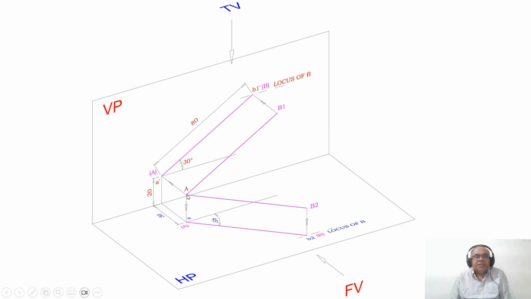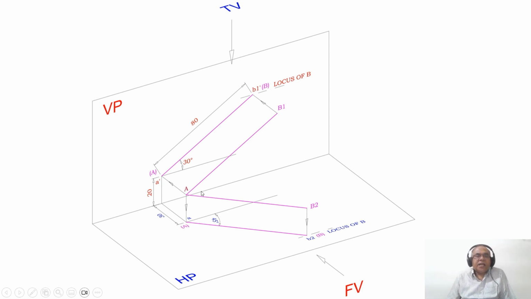And he says the line is 80 mm long, inclined at 30 degrees to HP. Similarly, the line AB is 80 mm long and inclined at 45 degrees to VP. So the true length is the same, both in the front view as well as in the top view, always.